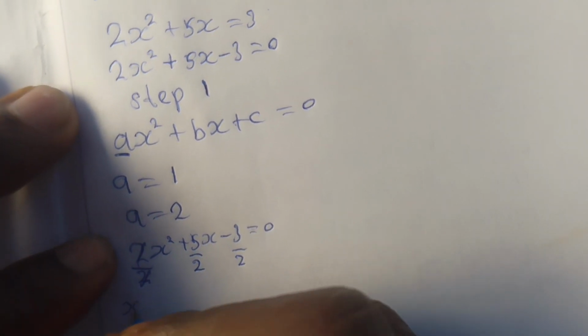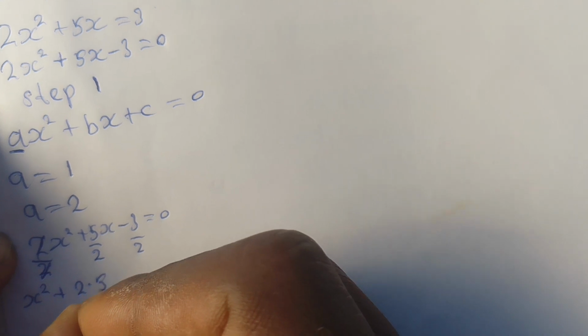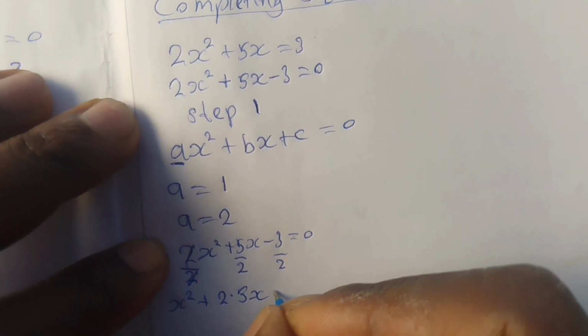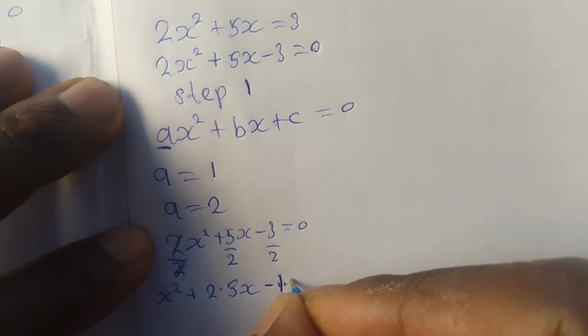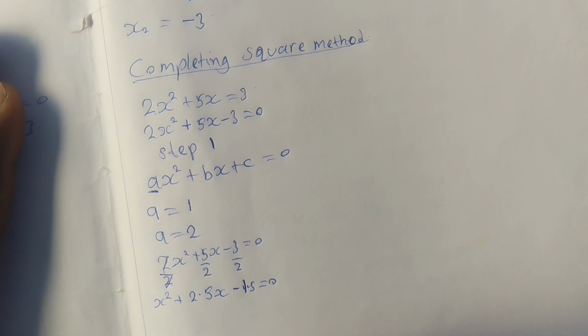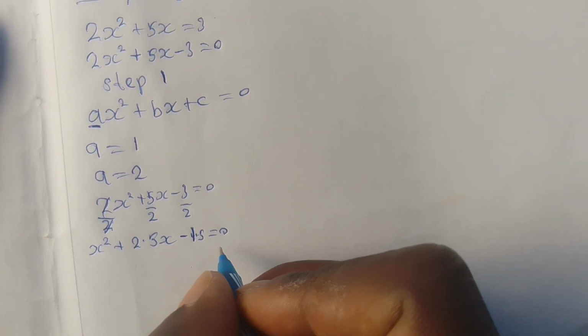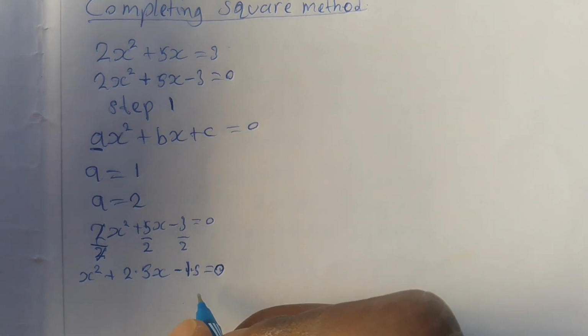That will give you x squared plus 2.5x minus 1.5 is equal to 0. That is the first step.